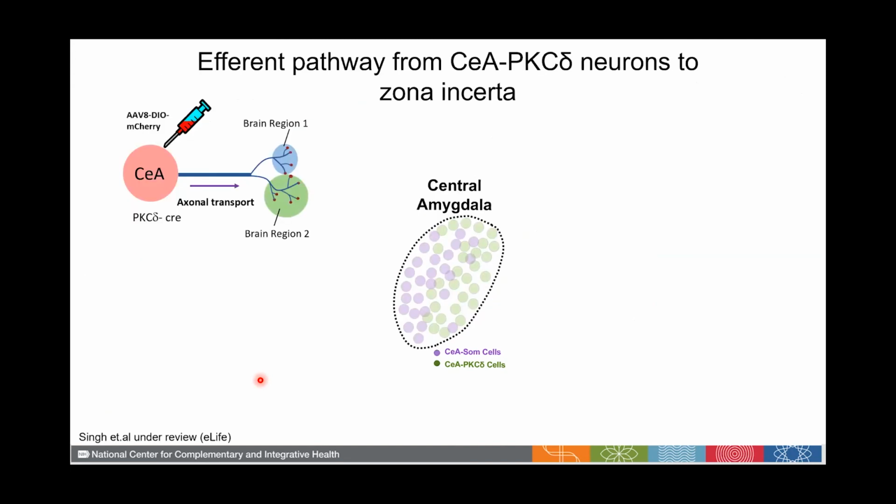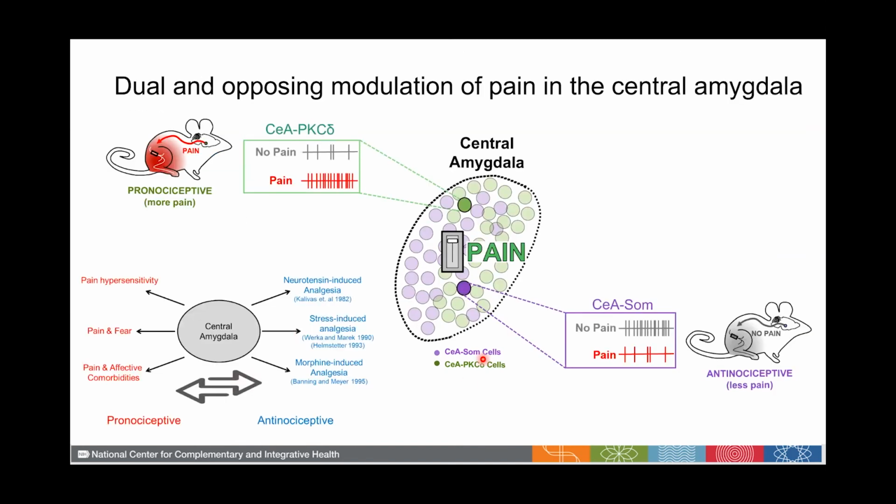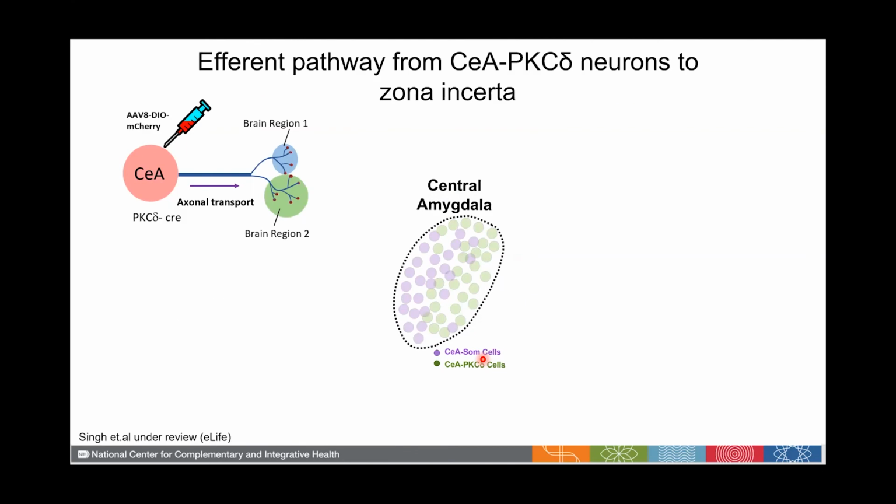So for following up, now that we know that the central amygdala can do both, and that it does this in a cell type specific manner, the focus of the lab has been on identifying the circuit level ways that this bidirectional modulation is occurring.